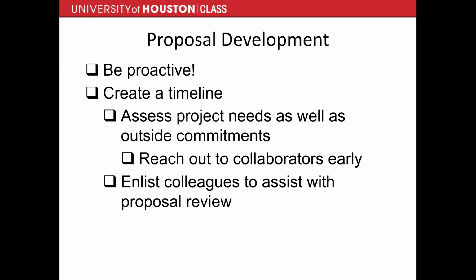You can also reach out to people in your research department. Every college specifically has a research administrator or a research liaison officer. You can also reach out to me. That's pretty much what I assist with: proposal reviews, editing for logic, flow, formatting, things like that.